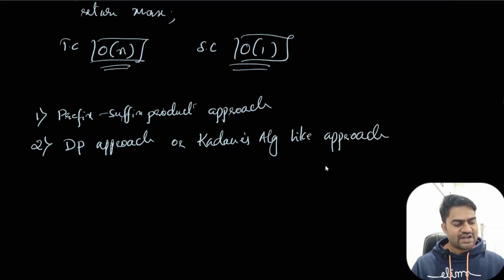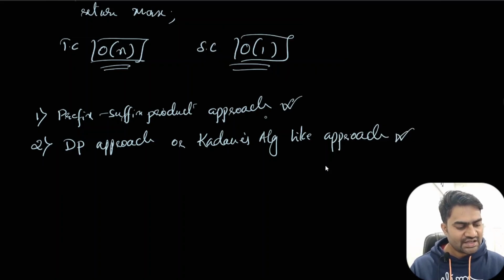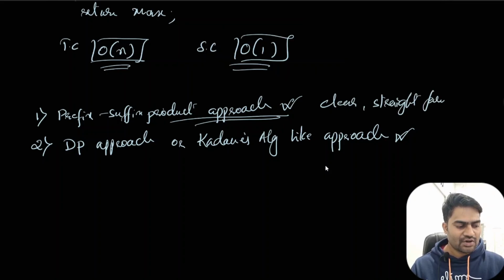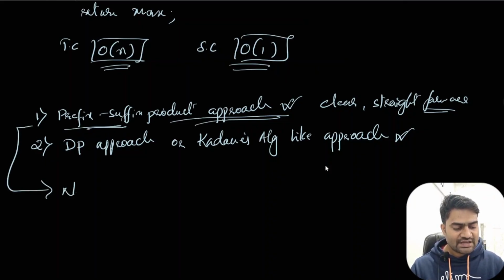So when to use this one? Basically the first approach is very simple, clear and straightforward. So we need to use this solution when we only need to find the maximum product.